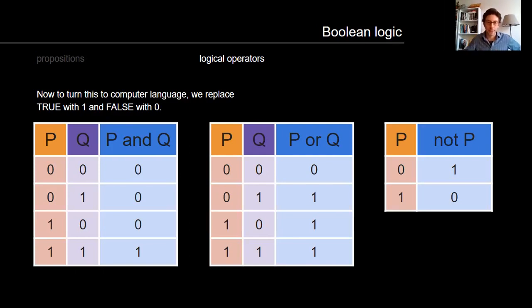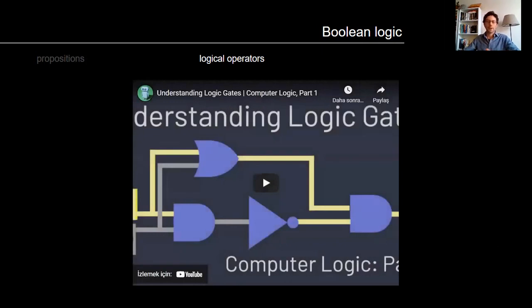There's nothing else that I've done until this point. Let me move on and explain why I changed T's to 1s and F's to 0s, and how this change turns these Aristotelian truth tables into the computer language that George Boole is famous for. Now I will show you another video.